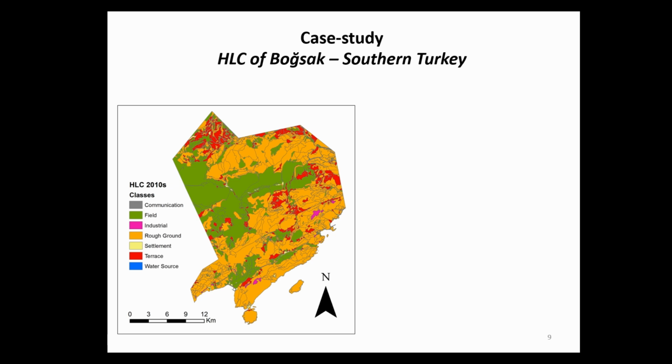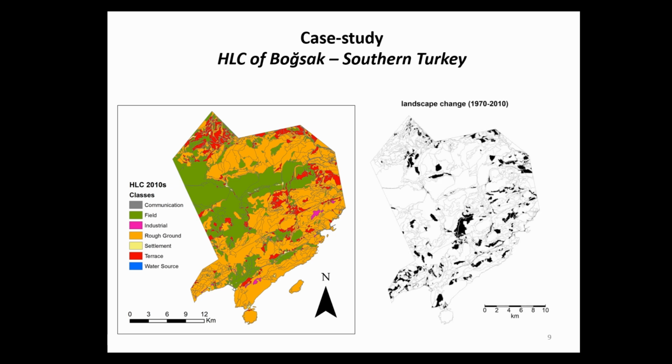I've used as an example the suitability to change, which is I queried those polygons that change between the 1970s and the 2010s characterization, which are the black areas, against those polygons, those areas that didn't change between the 1970s and 2010s.